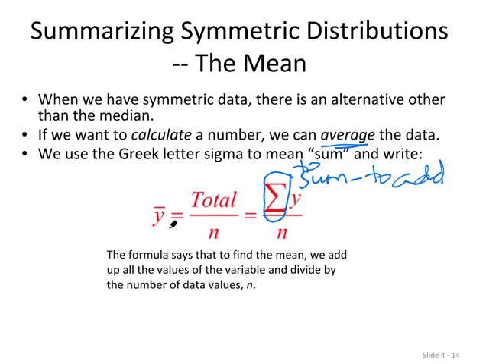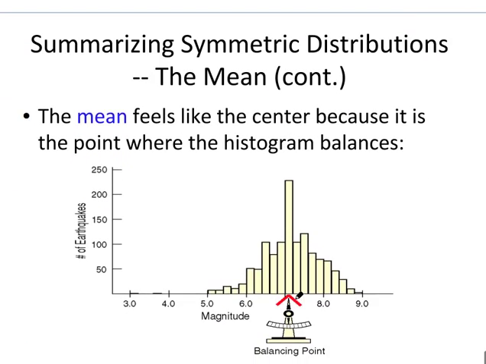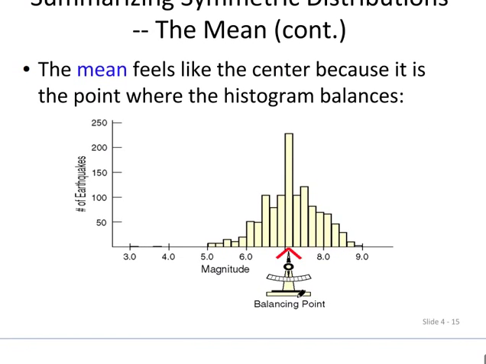So Y bar, as we say it, means that we take the total of the values, add them together, and divide by n. That's how we find the mean. The mean is the average of all of them, totally different than the median. The mean feels like the center because it's the point where the histogram balances.